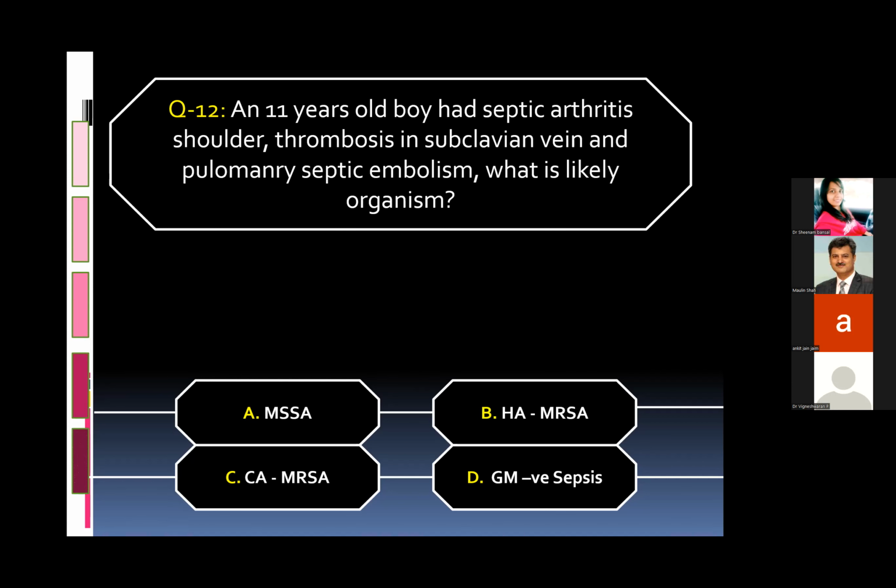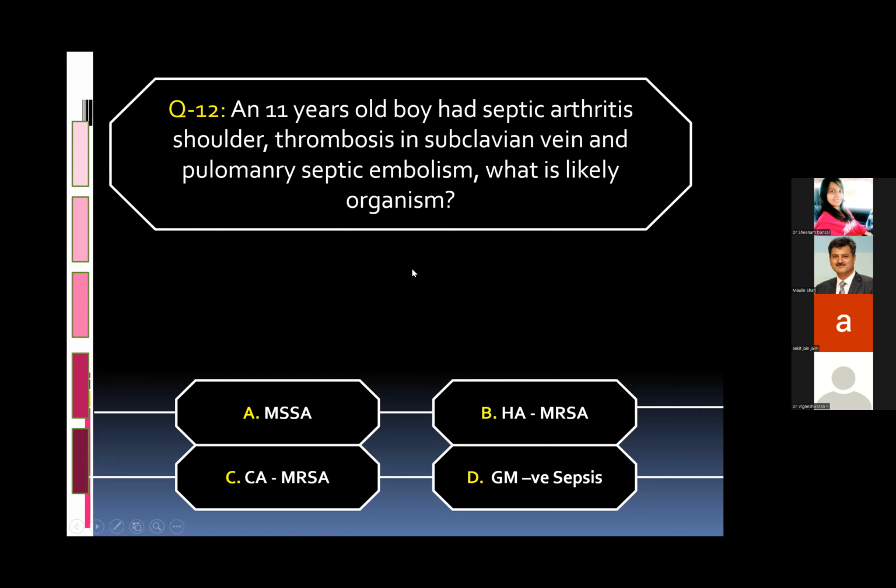How is hospital acquired different from community acquired? Sir, on the basis of PVL toxin. Yeah, so the community acquired ones are PVL secreting.